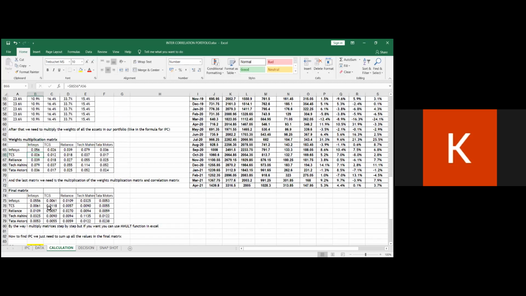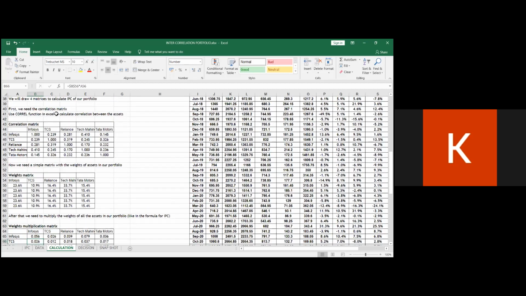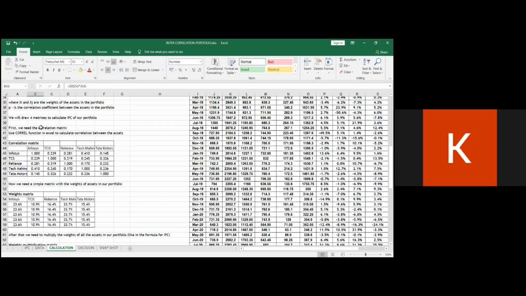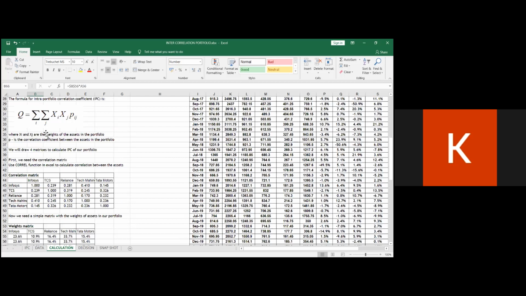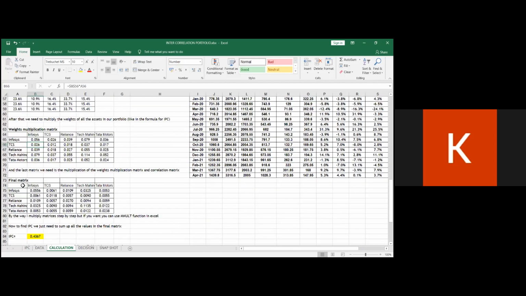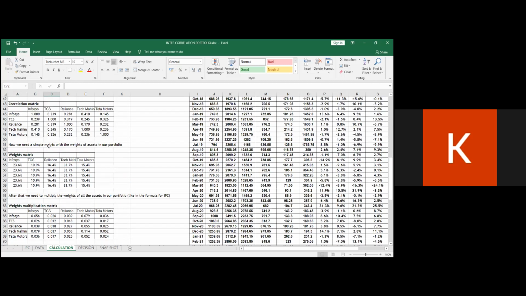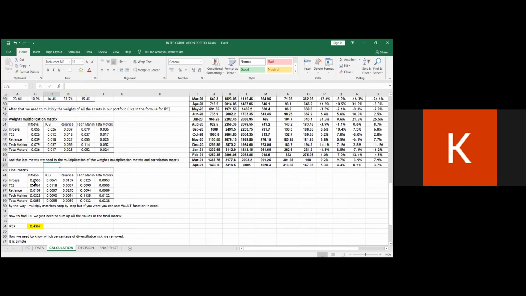For the final matrix, we have the formula: weight multiplication matrix multiplied by the correlation matrix. For example, 0.056 into 1.00. When we simplify, we get these values. Like that only, I calculated the remaining 4 companies.